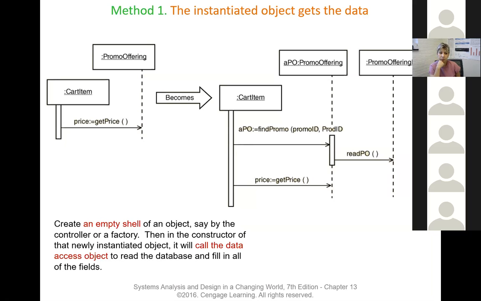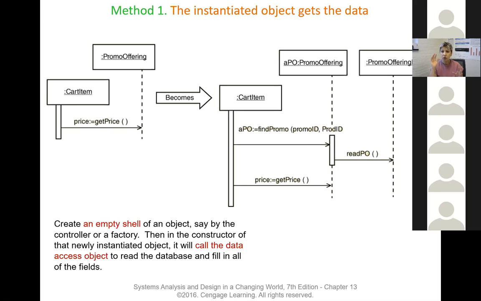Like in this case, you need to read information from promotion offering. One way is to create a promotion offering object empty in memory, meaning that you call a method from your domain layer object, you call the constructor.